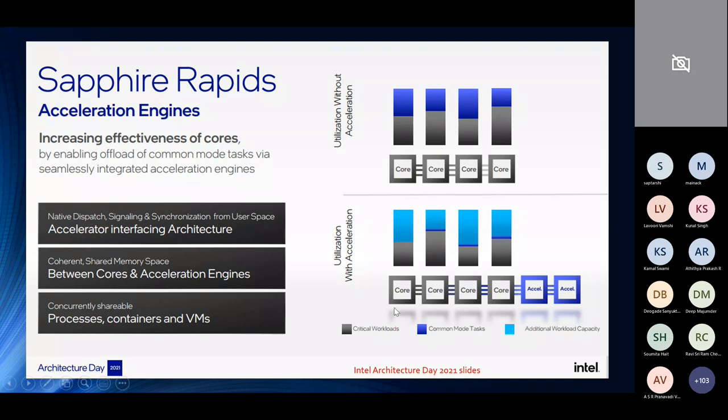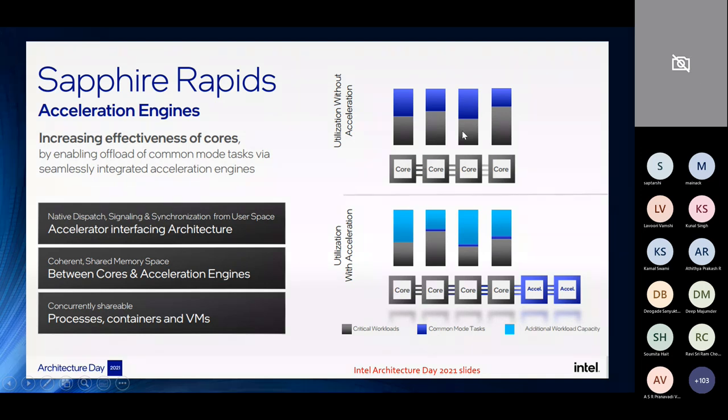So you still have these 4 cores, and along with that, you have these 2 accelerators. Now, all these cores have access to these accelerators using some sort of an interconnect protocol. The difference you see between this picture and this picture is those common mode tasks have been offloaded into these accelerators. There are still some going on here, here, and here. So what happened from this picture to this is, here, all these cores are fully utilized.